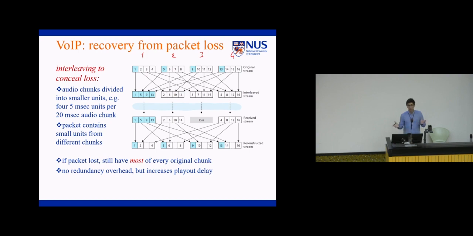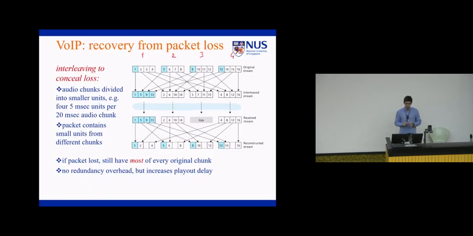They were 20 milliseconds each earlier. Now I'm dividing each of them by 4, so they're split into 4 5-millisecond units per audio chunk. And now I'm mixing them up, again, in a smart way. Our receiver also knows the method of mixing up, so it can put them in the right places again.